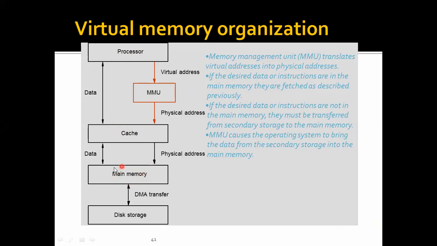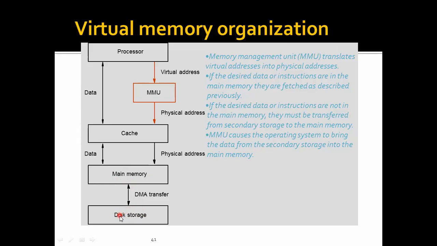Main memory: depending on the number of address bits, we know the total main memory size. Disk storage means secondary storage devices, which are used externally, like pen drives, CDs, magnetic disks. So that's why this is disk storage. If you take the size here, the disk storage size will be very high compared to the main memory, isn't it?